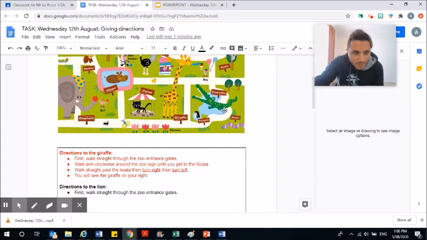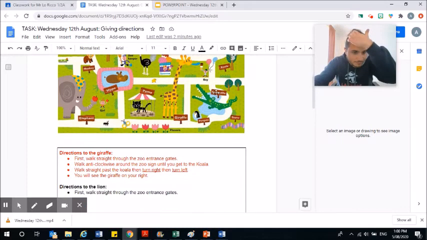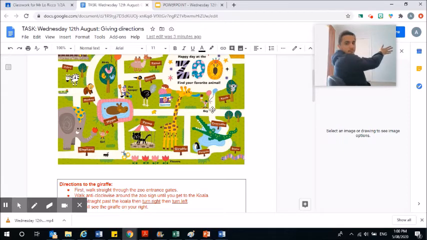What's the next step? Walk straight past the koala. Then turn right. So I'm walking past the koala, then turn right. If I'm here, my position is there. Which way is going to be right? That way. So I'm going to be turning this way.